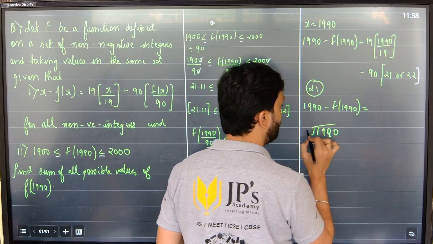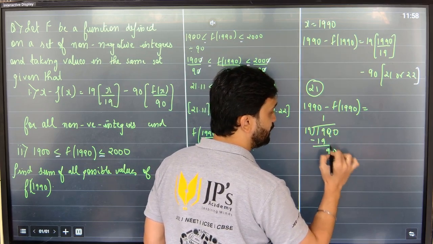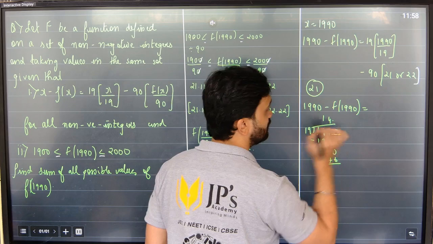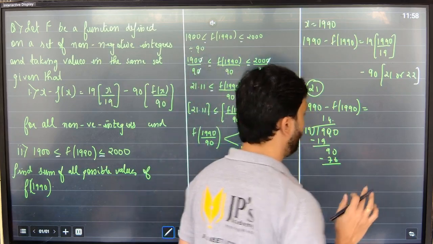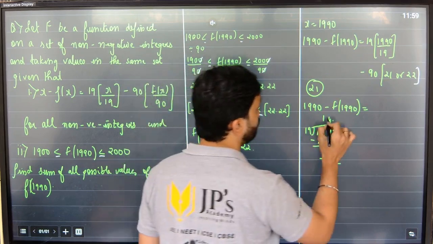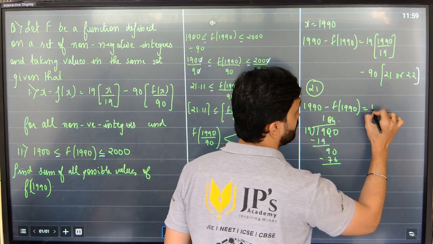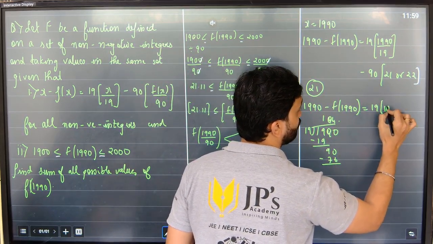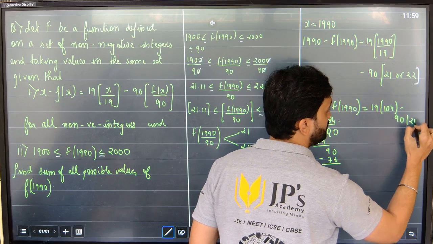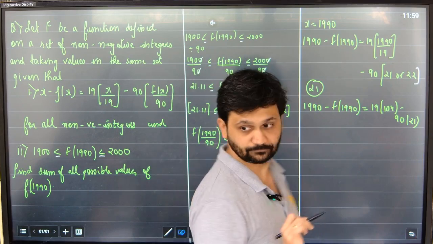If I divide 1990 by 19, 19 times 1 is 19, 19 times 4 is 76, and I get 104 point something, I'm so sorry, 104 point something. So this will become 19 into 104 minus 90 into 21. What happened? Is it wrong?